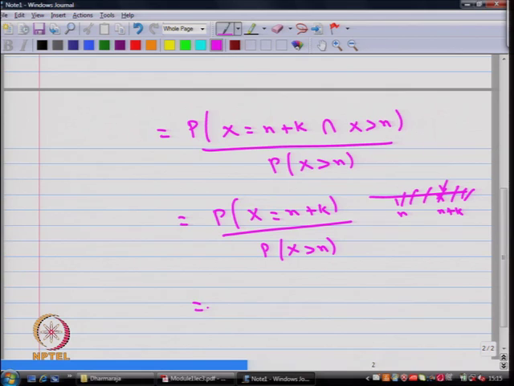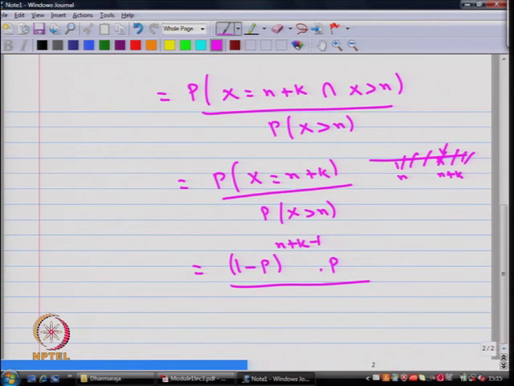Since X is a geometric distribution with the parameter p, the probability of X equal to n plus k is nothing but (1 minus p) power n plus k minus 1, into p, whereas the denominator, the probability of X greater than n, is the summation i equal to n plus 1 to infinity of (1 minus p) power i minus 1, multiplied by p.